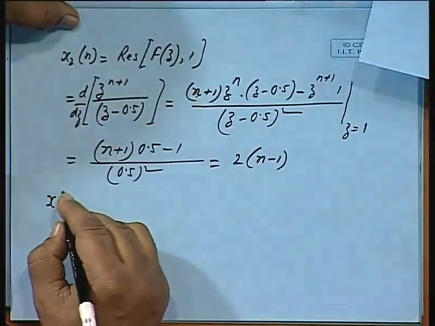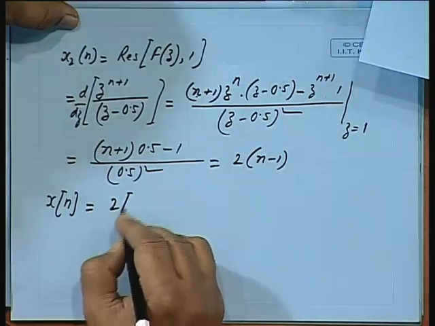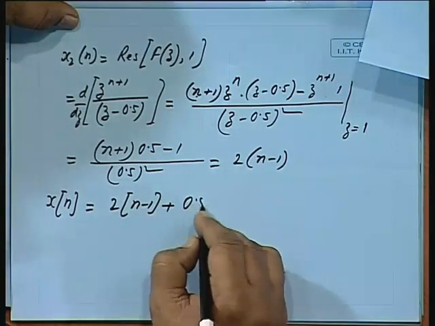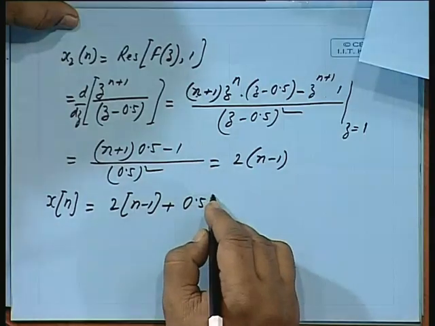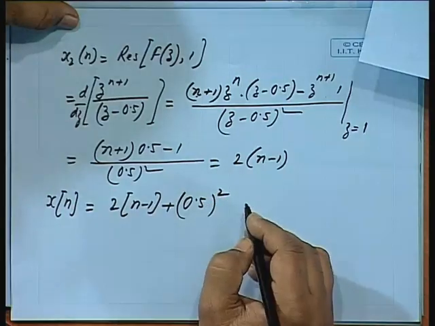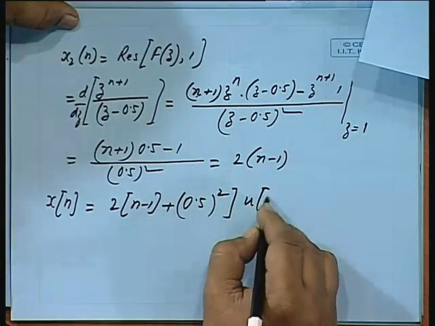Okay. Therefore, x n is 2 into n minus 1 plus 0.5 to the power n into u n.